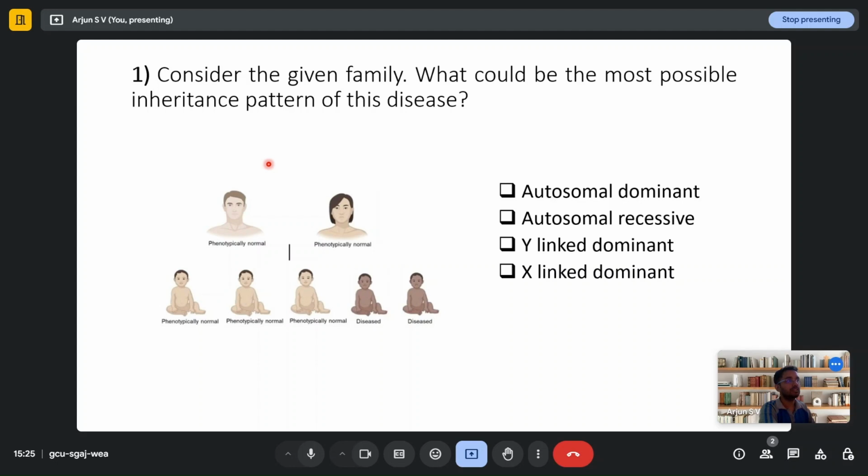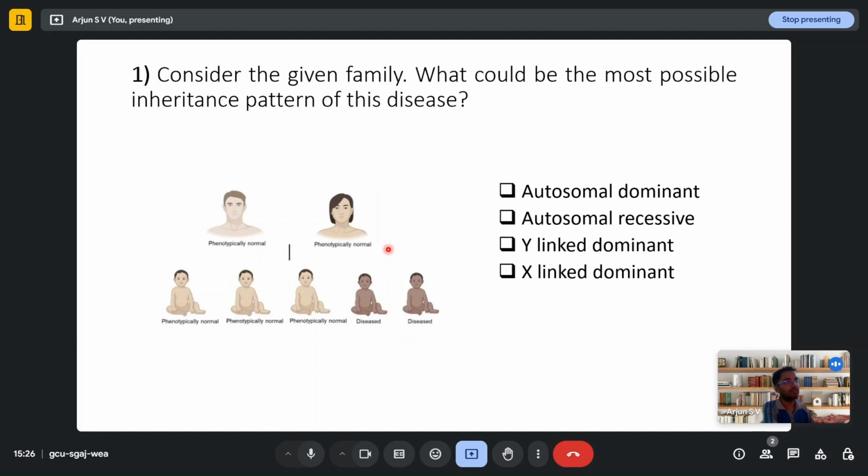So consider the given family. There is a picture here of a family where the male is a phenotypically normal person and the female is also phenotypically normal, and they have five progeny. Three are phenotypically normal and two are diseased. What could be the most possible inheritance pattern of this disease?